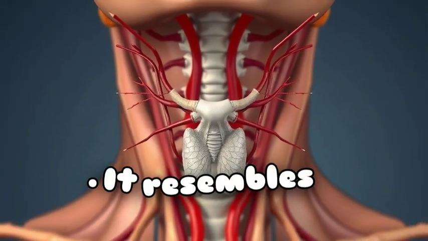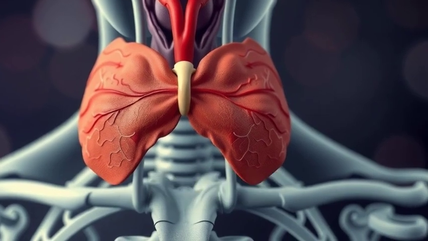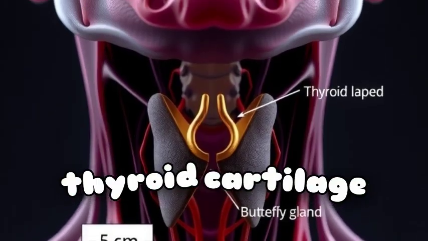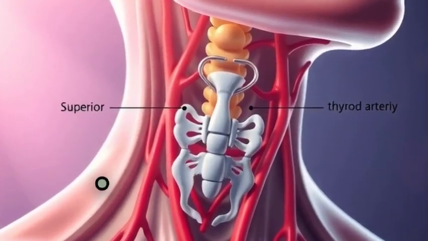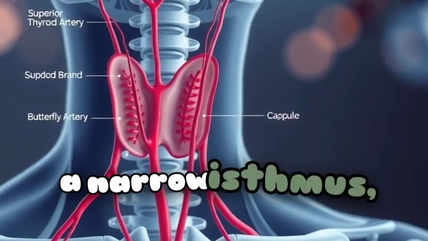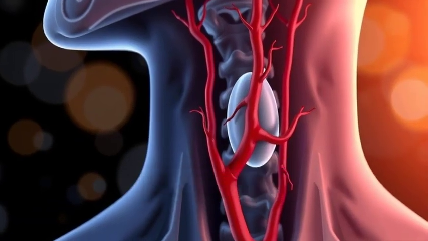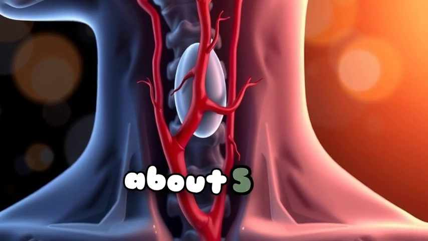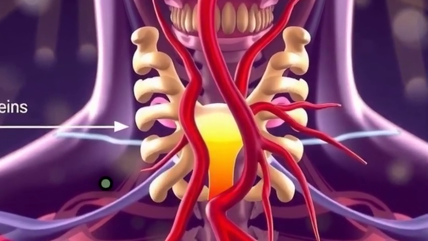It resembles a butterfly in shape, consisting of 2 lobes, one on either side of the thyroid cartilage and upper cartilaginous rings of the trachea. The lobes are joined by a narrow isthmus lying in front of the trachea. The lobes are roughly cone-shaped, about 5 centimeters long and 3 centimeters wide.